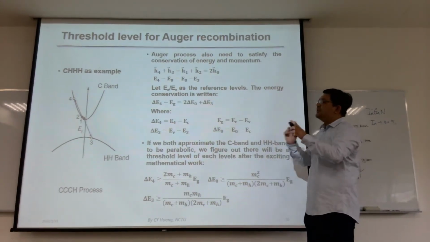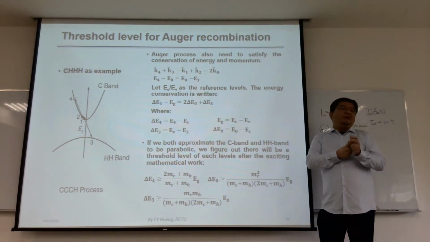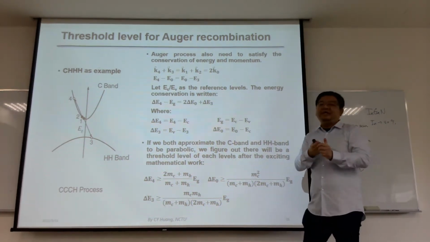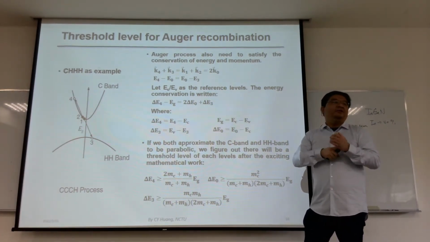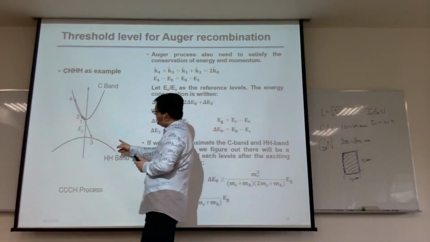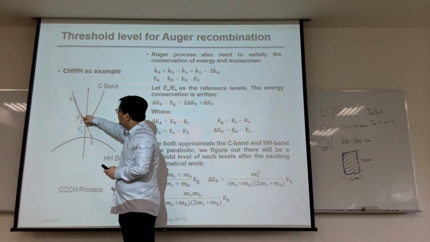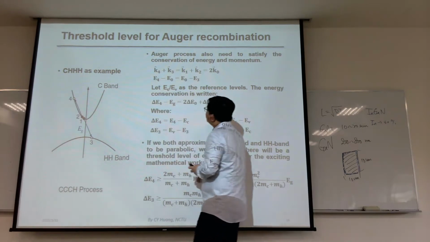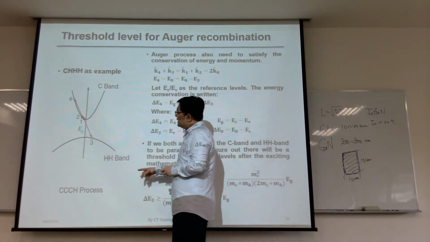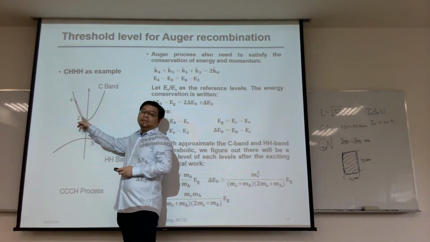And such recombination needs to satisfy the fundamental conservation of physical parameters. One is the conservation of energy. Second is the conservation of momentum. So let's consider K represents momentum and E represents energy. Originally there are 2 electrons, number 1 and number 2.